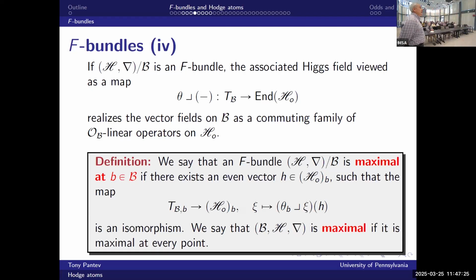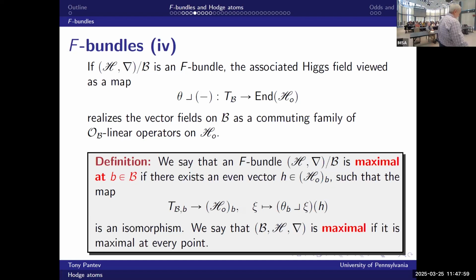And so we say that this F bundle is maximal at a point if there is a cyclic vector, if there is an even vector in the fiber at that point, such that the map from the tangent space at this point to the fiber of the vector bundle given by this commuting family of operators is an isomorphism. And we say that the F bundle is maximal everywhere if it's maximal at every point.